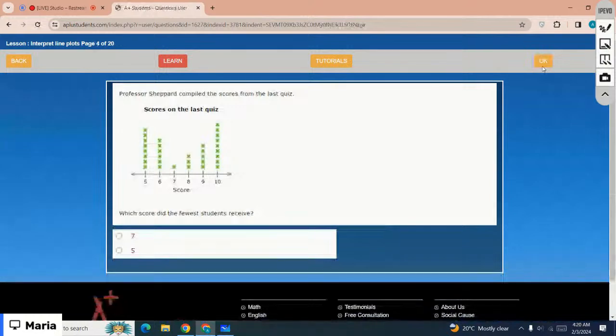Professor Shepard compiled the scores from the last group quiz. Which score did the fewest students receive? Which is the correct option? Which option is the correct one?